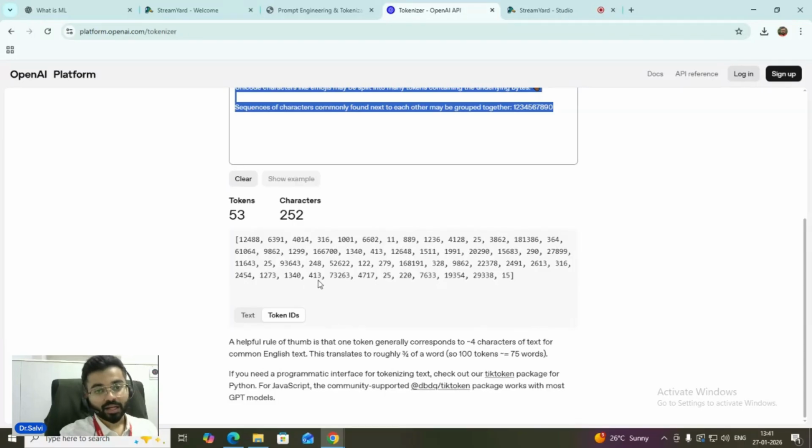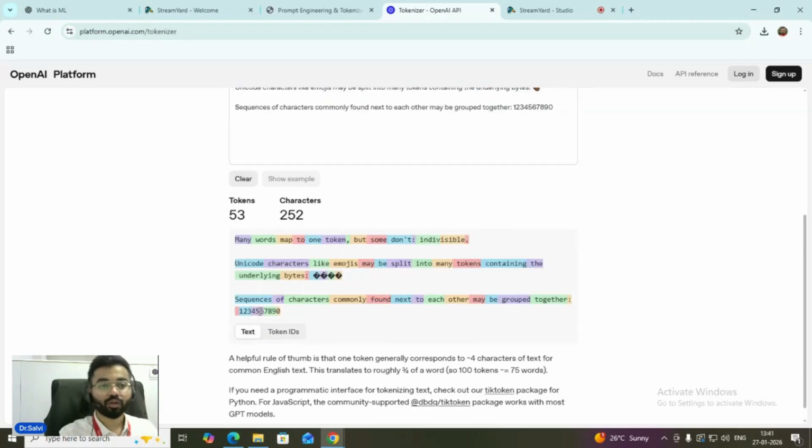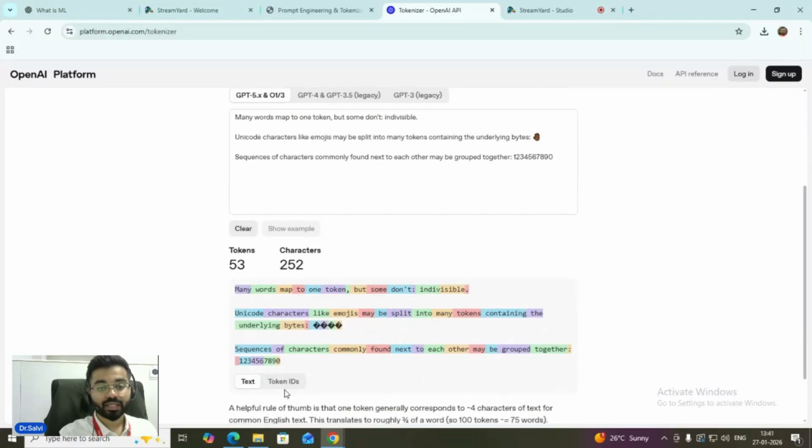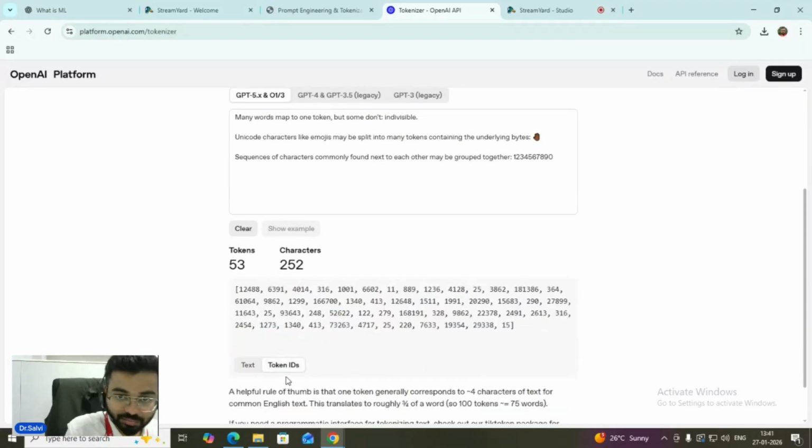Now these token IDs are going to be fed into the model, and then further the modeling is going to be done. So this is a very important exercise to understand that the model is always going to use a statistical understanding, and this statistical understanding will always be provoked using these token IDs.